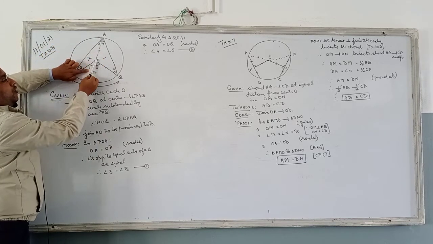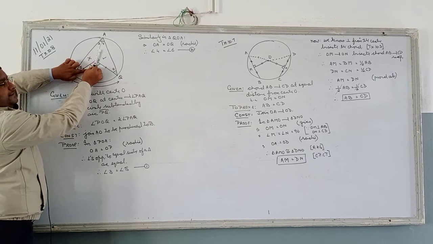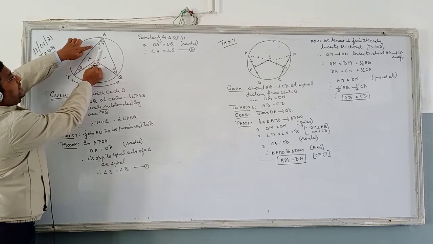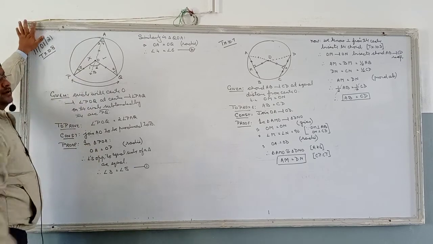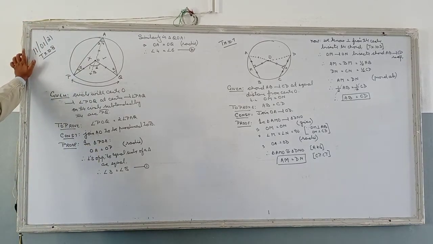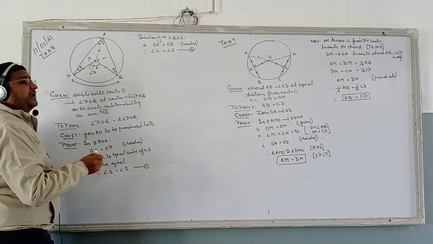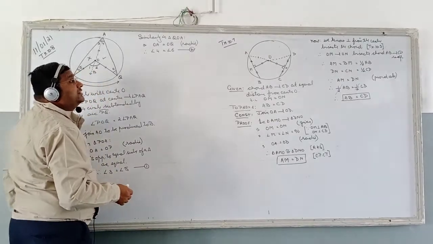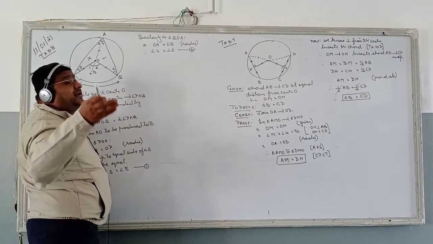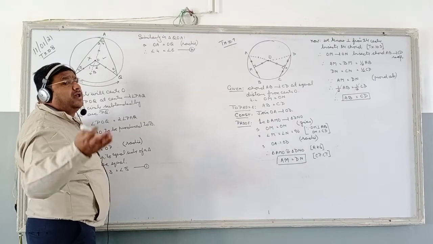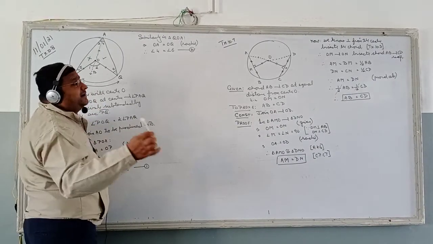Why? AO was produced to B. Is angle number 1 equal to angle 3 and 5? Exterior angle of a triangle property: the exterior angle of a triangle is equal to the sum of the two opposite interior angles. Again, it is given to you in your textbook. We have done this, we have applied it.